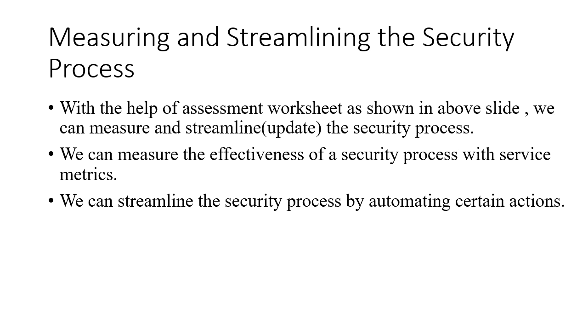You'll have to check all these things. The violations may be network violations, password violations, or virus protection violations. All this checking comes in streamlining, and streamlining is done regarding security.